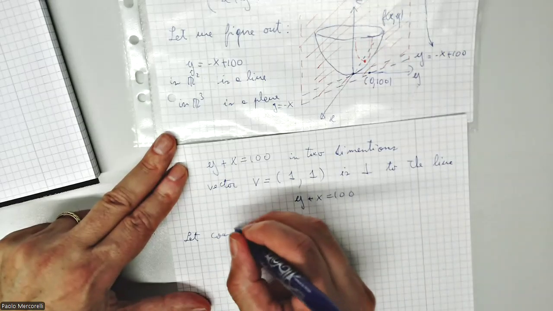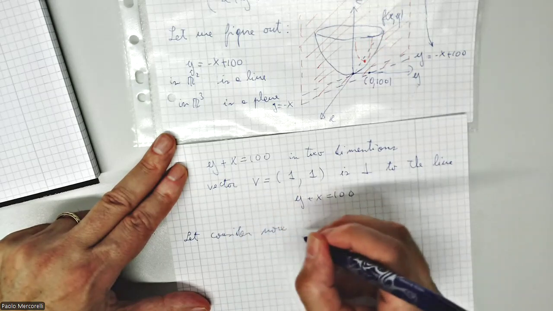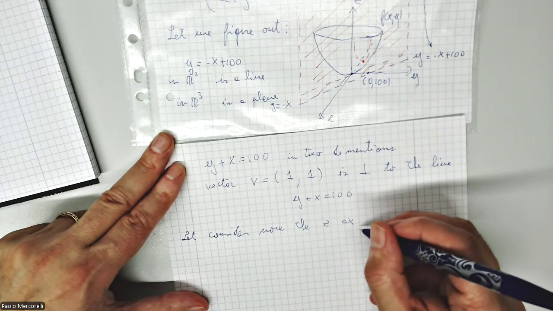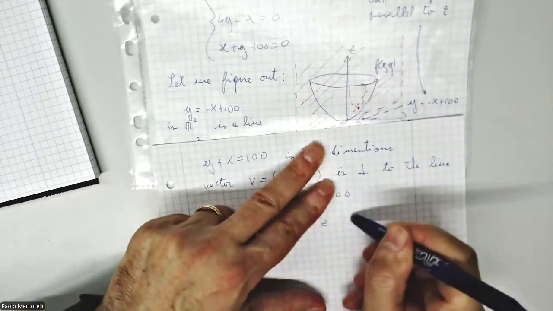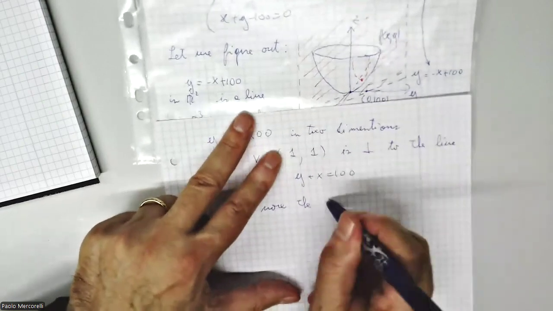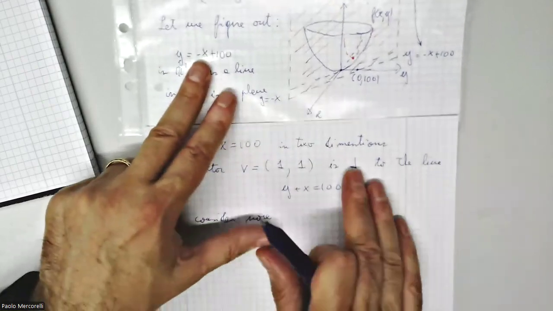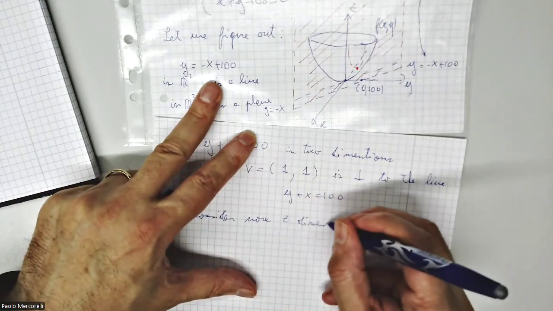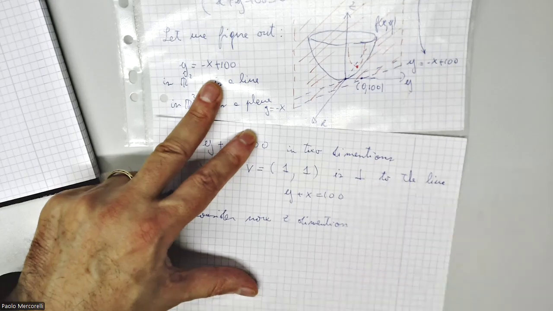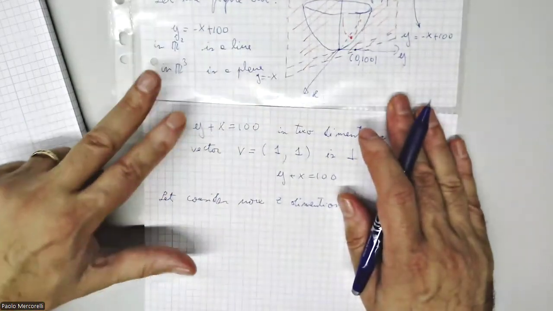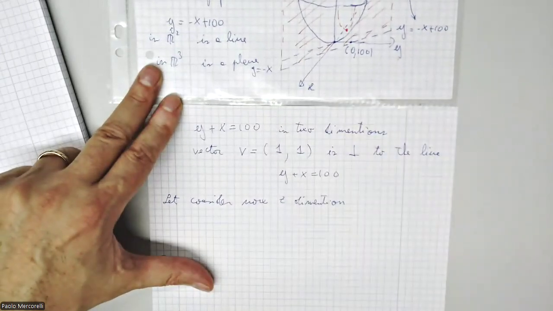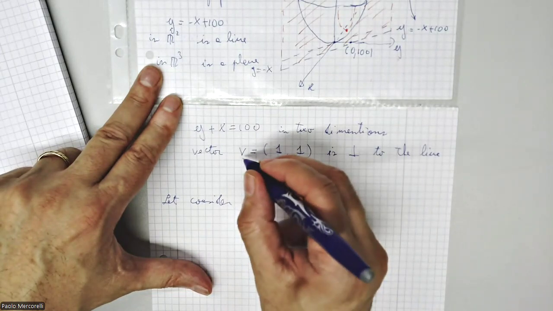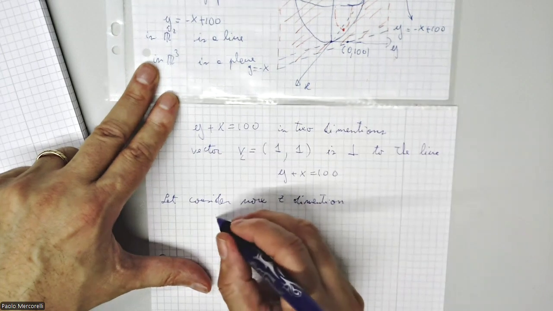Let's consider now the z dimension. The dimension characterized by, let me say here, vector L line.